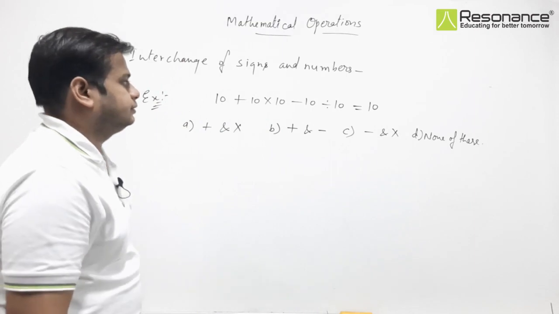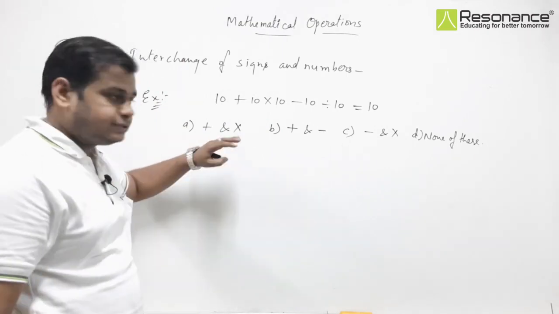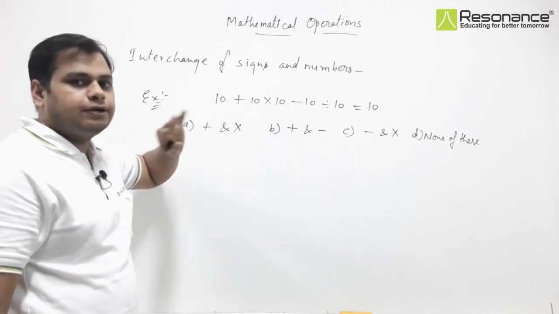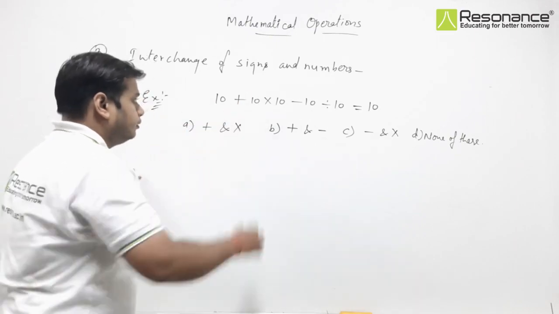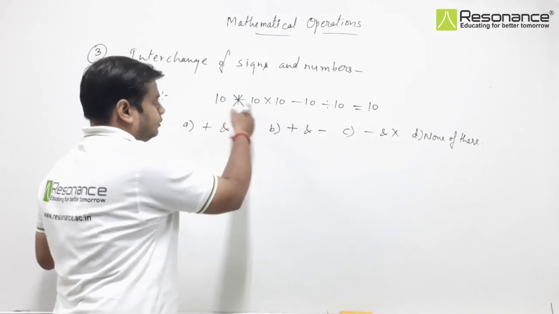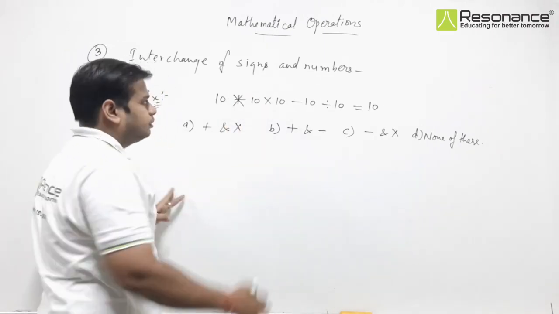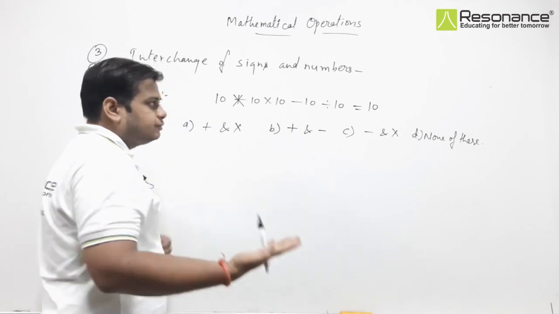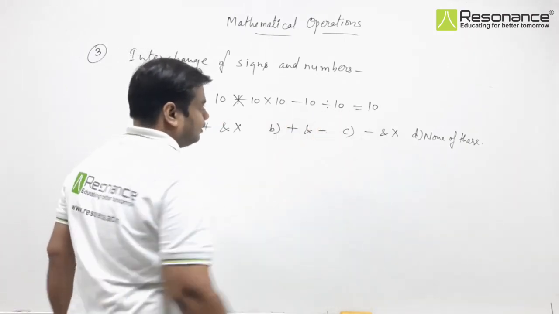So we have the signs. Let's do the first one, plus and multiply. If we interchange plus and multiply, it will not give us the correct answer. Why? If we do multiply here, it will not make any changes, because 10 multiplied by 10 again becomes 100. If the number becomes 100, then we can't get the 10.